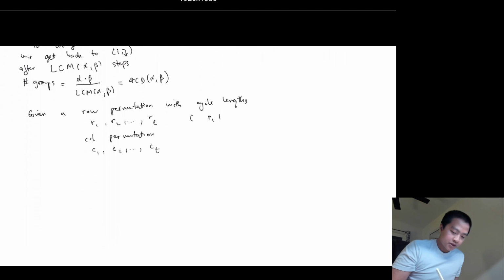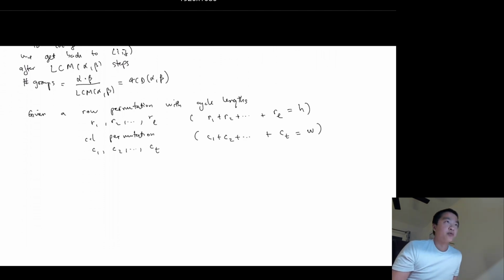R1 plus R2 plus ... plus RL is equal to the number of rows, which is H. C1 plus C2 plus ... plus CT should be W.